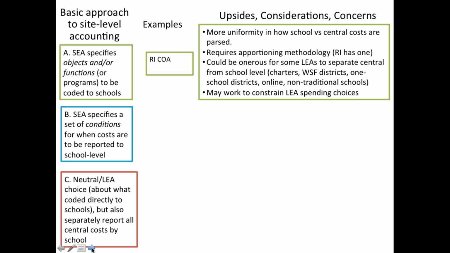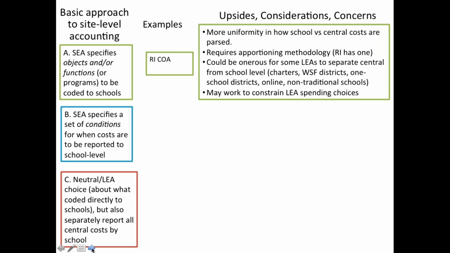And you may remember that Cindy shared with us a lot about the Rhode Island Chart of Accounts, which specifies for different objects and functions where that should be coded, and if it's coded to a school, how it gets coded, if it's divided up and things like that.